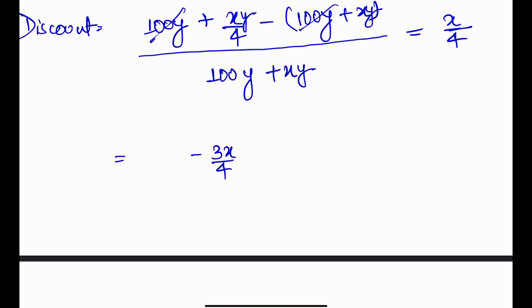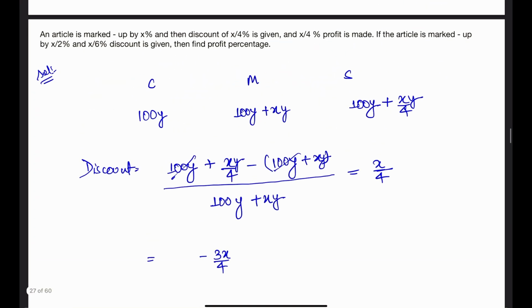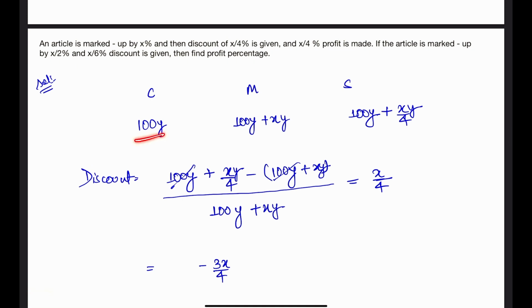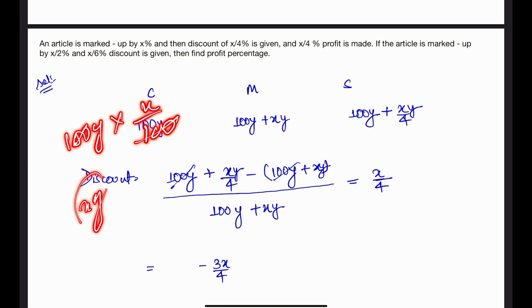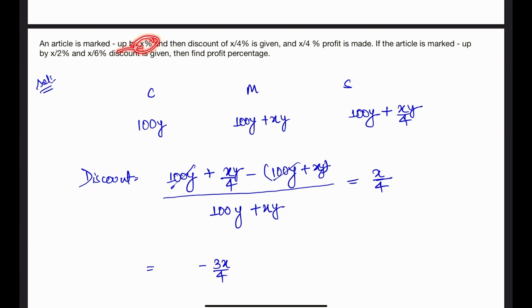So this is a minus value, I'm not getting it. If 100y is my cost price and the markup is x percent, then 100y into x by 100, the 100 will go away, xy is the markup. Marked up by x percentage means increased by x percentage. That's what this means.